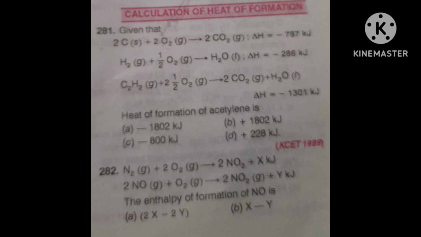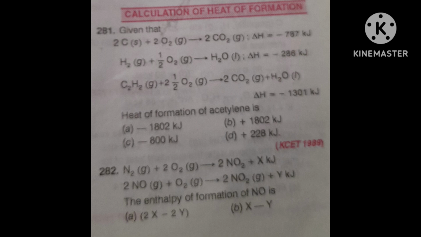But there they have given N2 plus 2O2, and you are getting product 2NO2 plus X kilojoule. You want NO, keep in mind. But here you are getting 2NO2.